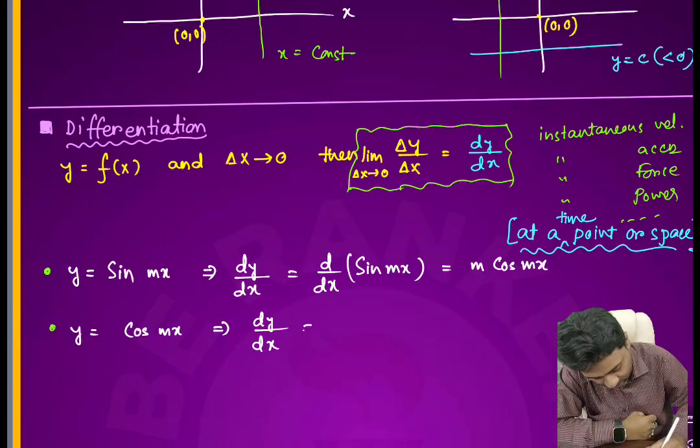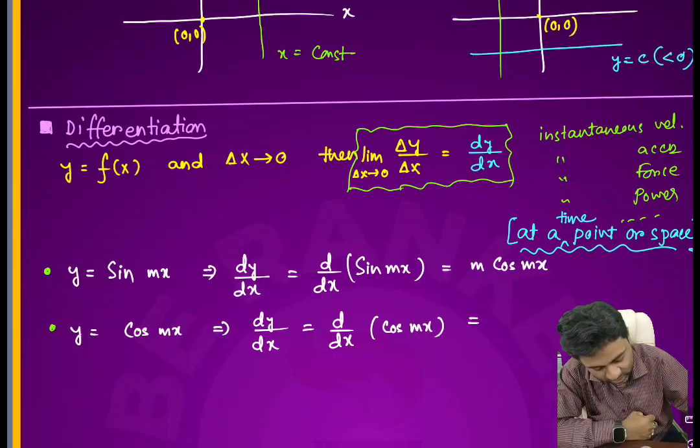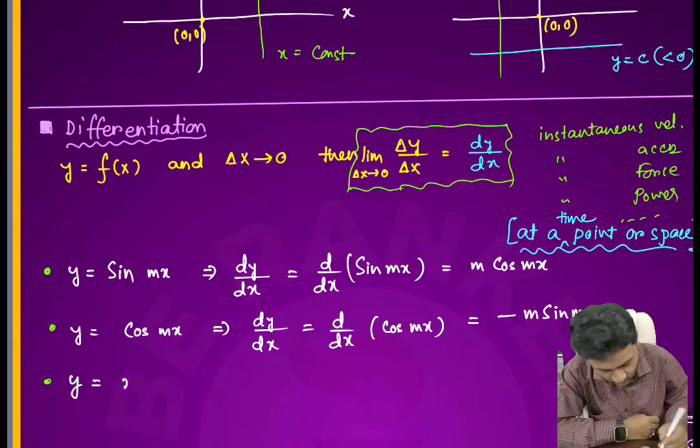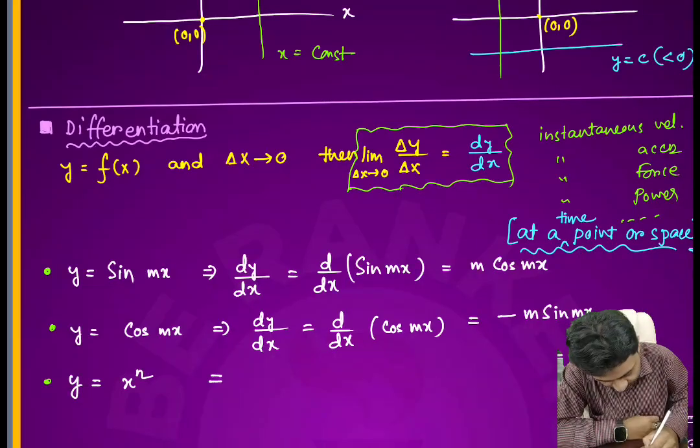If y equals cos mx, however, then derivative of y with respect to x, that is d/dx of cos mx, would be minus m times sin mx. We don't have to know other t ratios for now.